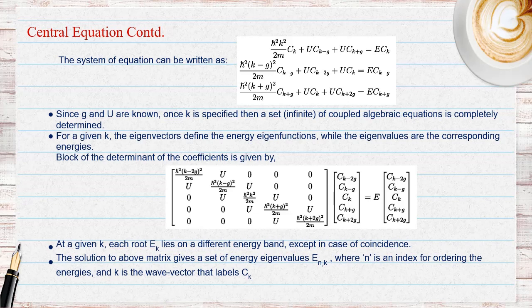We can represent it as Enk, where n is an index for ordering the energies, and k is the wave vector that labels the coefficients Ck. So in the next slide we'll see how the energy bands are created using this set of equations.